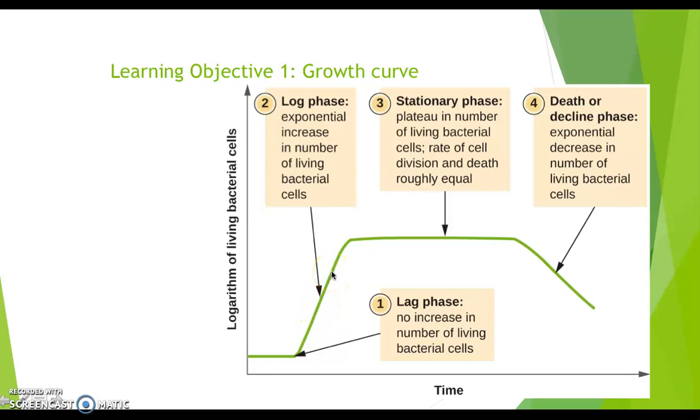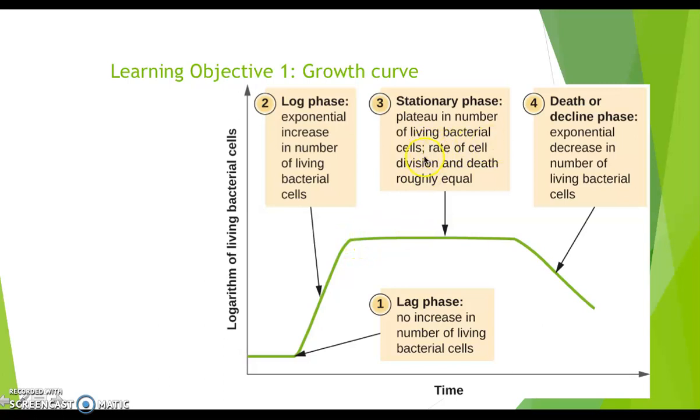Eventually, they start to run low on space or resources, and that's when you get into this third phase called the stationary phase, where you have them staying at the same number. Now, they didn't stop doing cell division. They're still doing cell division, but some of the older cells are now dying off. So you have the same number dying as the new ones that are growing.